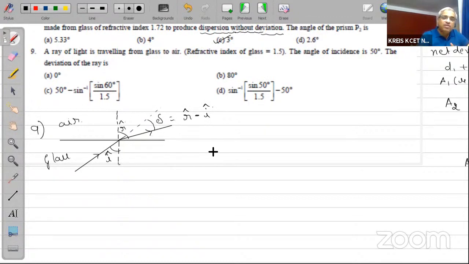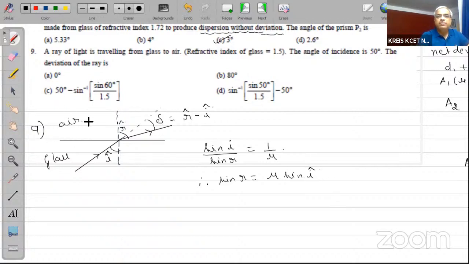But what is R? Do we know about it? It is not given directly. We know that sin I by sin R, in this case, will be equal to 1 by mu. And therefore what is sin R? Sin R therefore will be equal to mu into sin I. Okay.